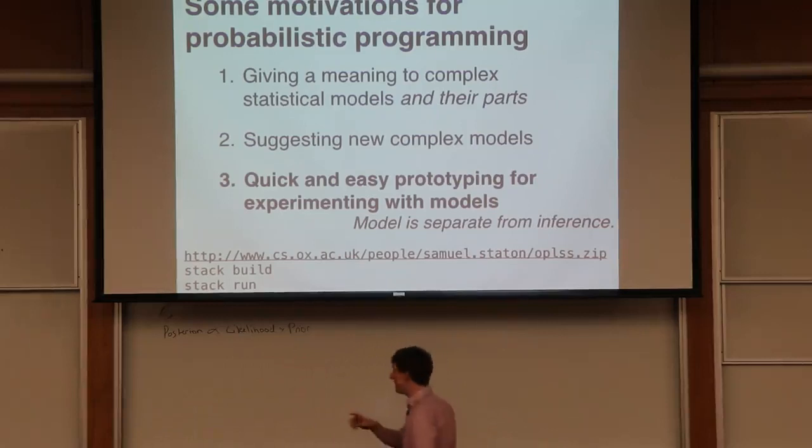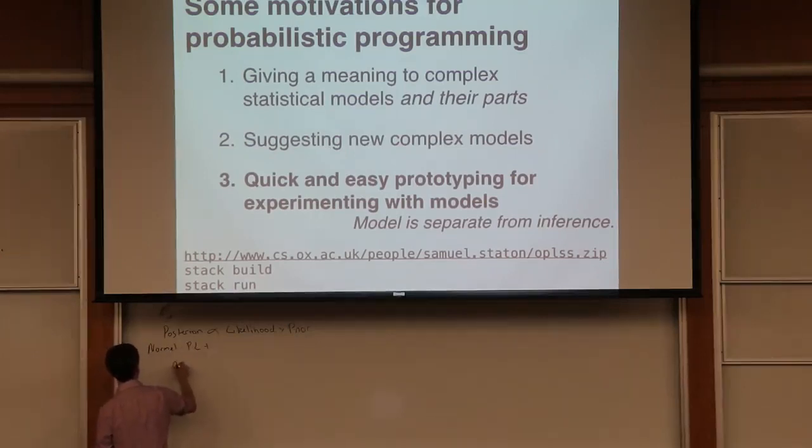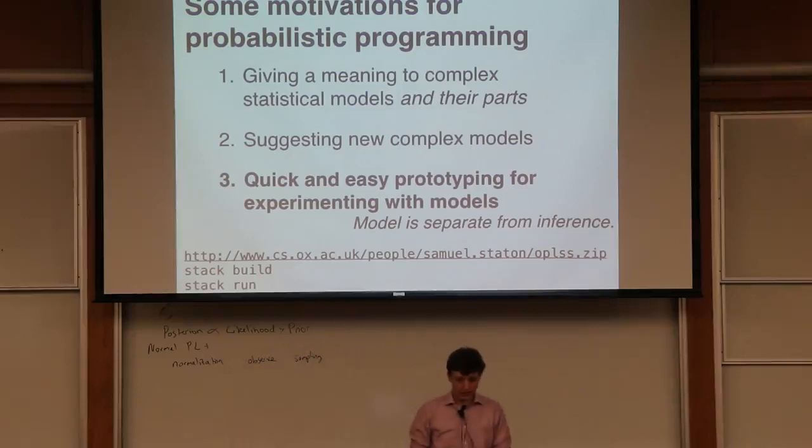So probabilistic programming, just to remind you, since you've done some other things since we last met: it's all about adding to a programming language, so it's a normal programming language, plus things corresponding to the clauses of Bayes' law, which means sampling from probability distributions, describing our prior, including observations, and then finding a normalizing constant so that we can deal with this proportionality. And finding that normalizing constant is the expensive thing, and that's what we're going to talk about.